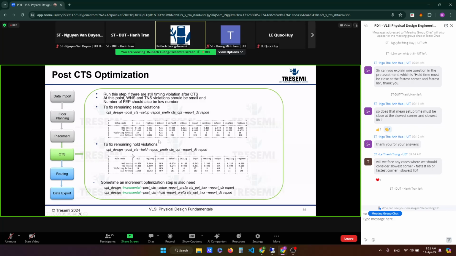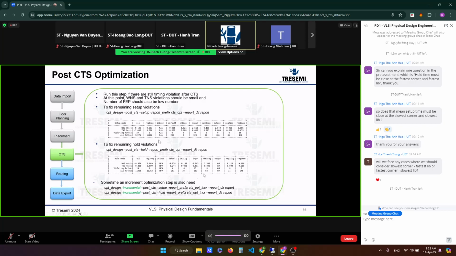If it doesn't, you can do an incremental post-CTS opt, and it should bring you pretty close. Sometimes you might need to run incremental after this if there are timing challenges in the design. You just add an incremental opt, and it will run an additional step. Sometimes we do 2 or 3 passes to clean up a design that has a timing challenge, meaning it is difficult to close.